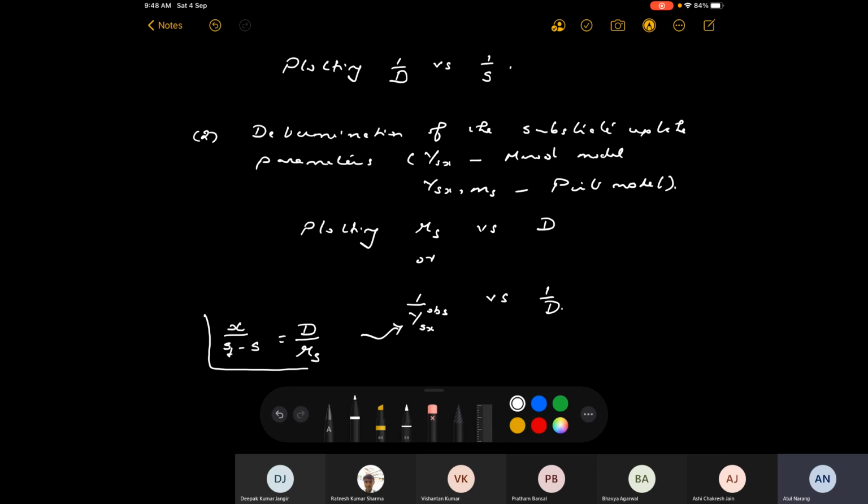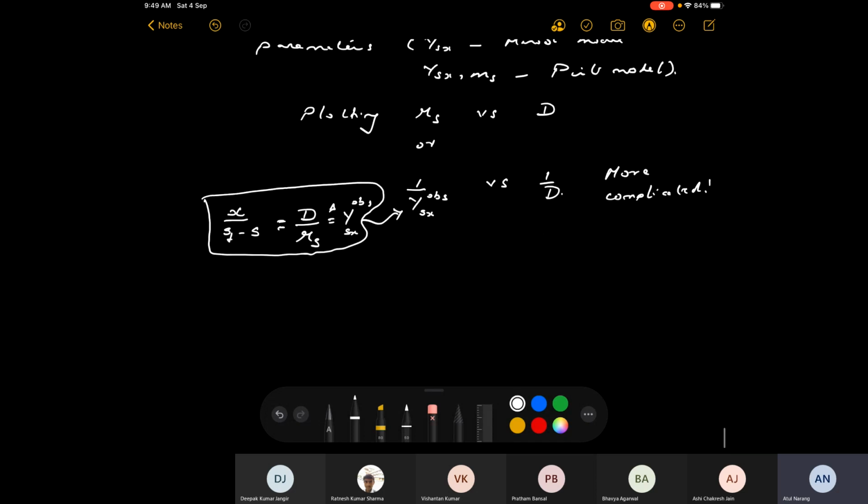This is the definition of ysx observed. You know from the mass balance that it is nothing but X divided by (SF minus S). So from the observed biomass concentrations and the observed steady state concentration of the substrate, you can find ysx observed. Then you take 1 over ysx observed and plot that against 1 over D. It seems to me this is more complicated, but very common in the literature for reasons I have never understood.